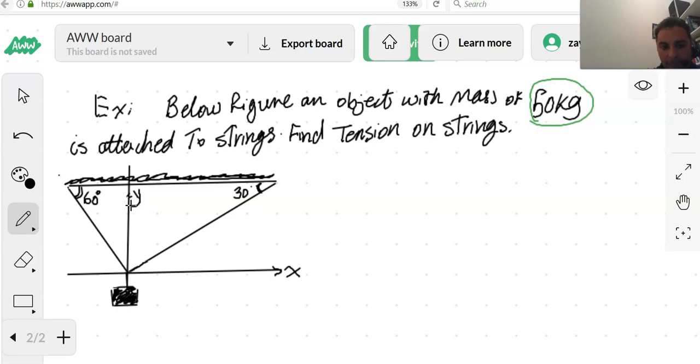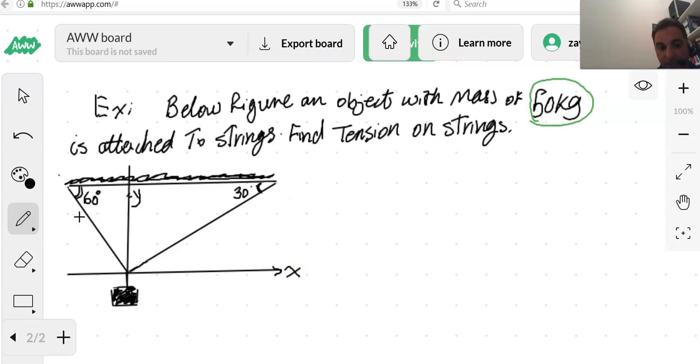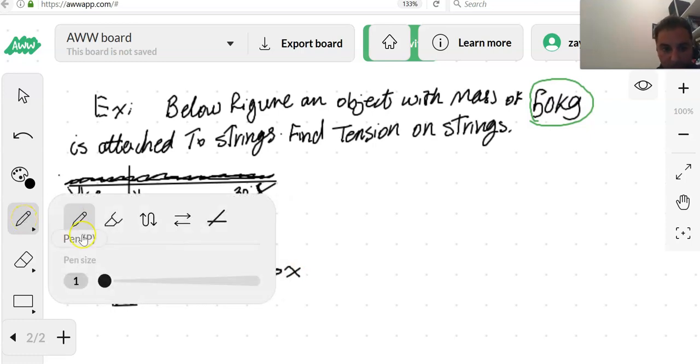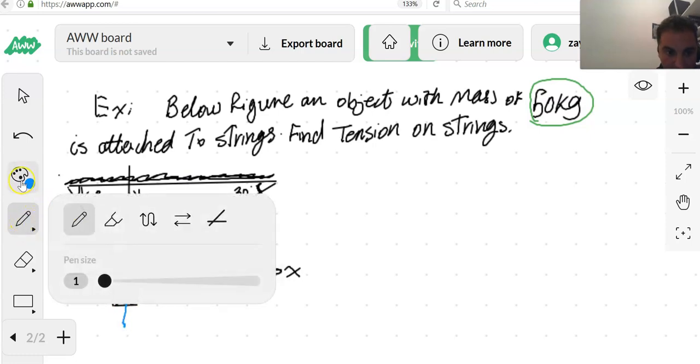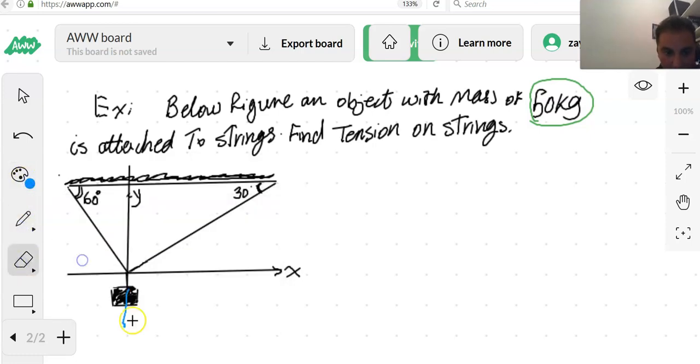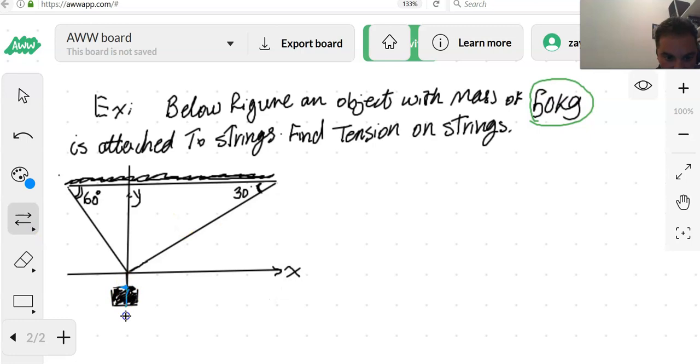Now, after we verified the coordinate system x and y, we need to verify all the forces. For the forces, we go with blue color. Here what I see, this one is mg, correct? This one is a tension force, correct?